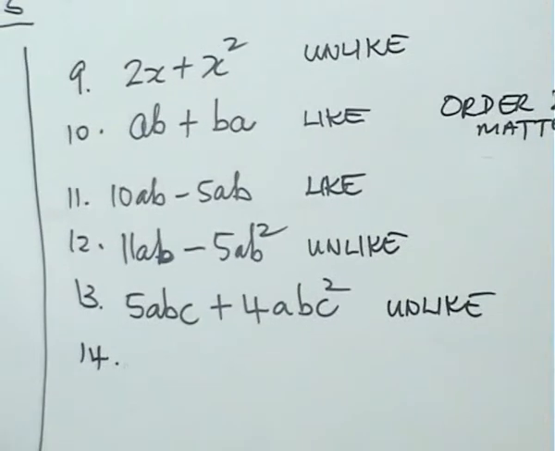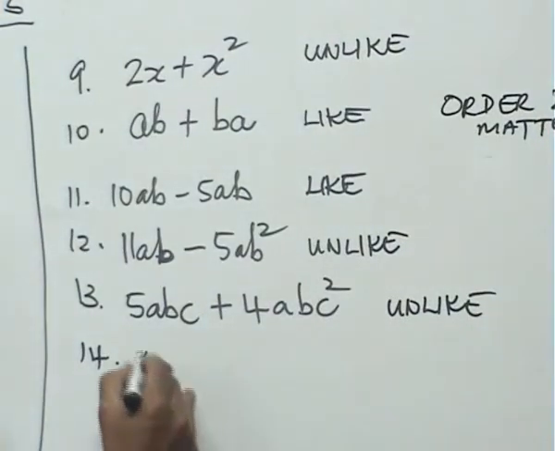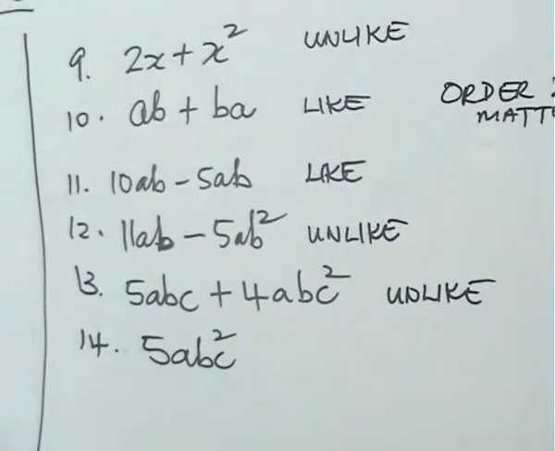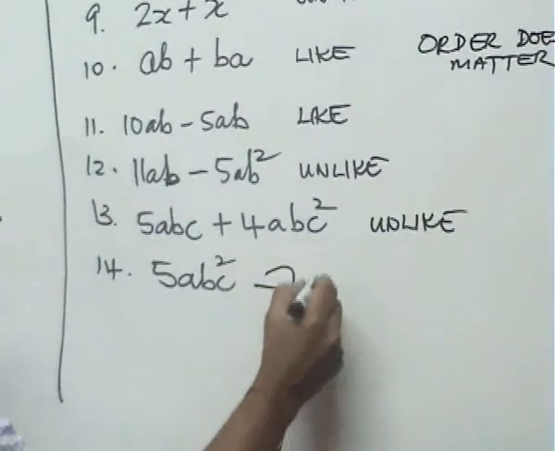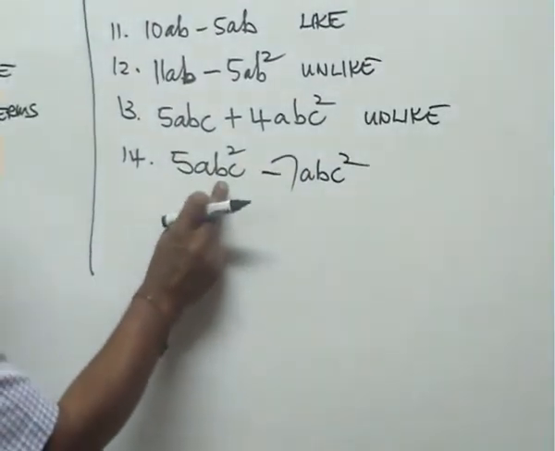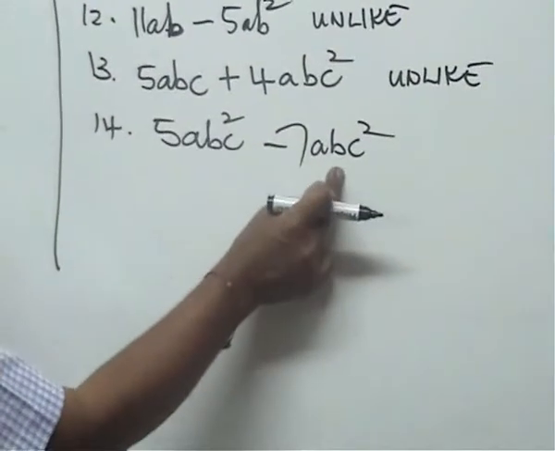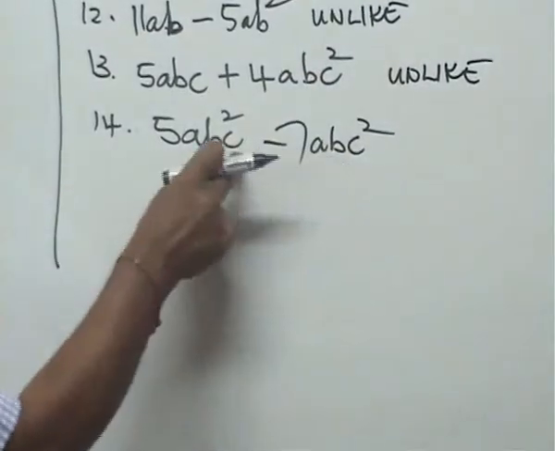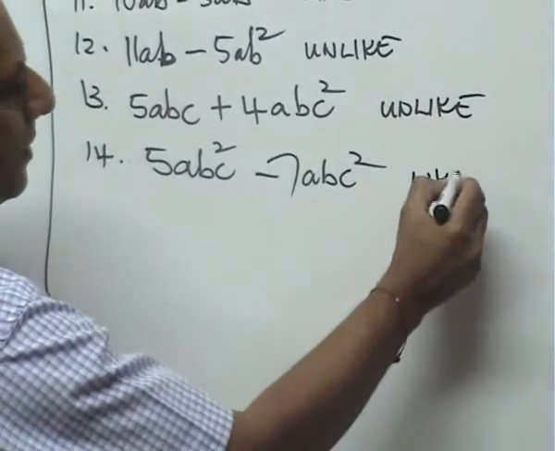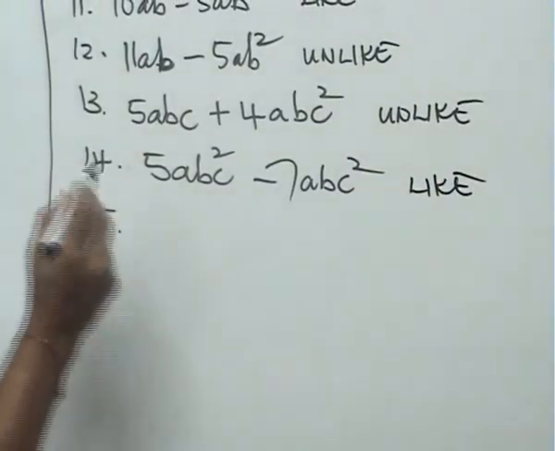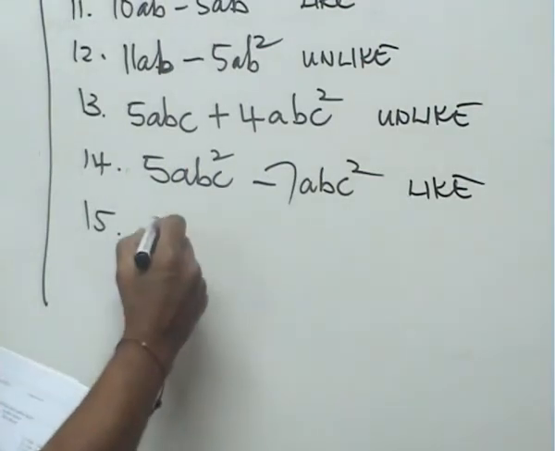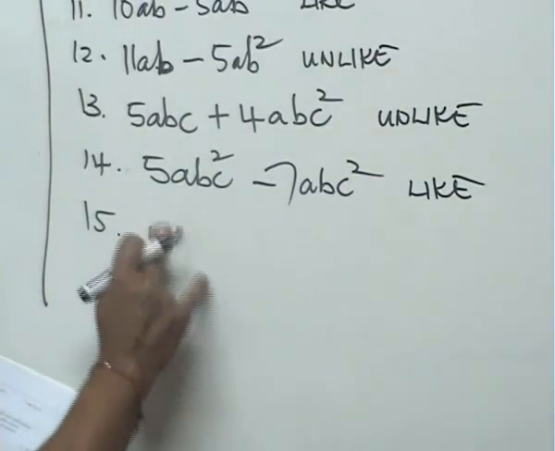Number 14. 5abc squared minus 7abc squared. Now clearly there's abc squared, abc squared. Now the powers are exactly the same. So these are like.